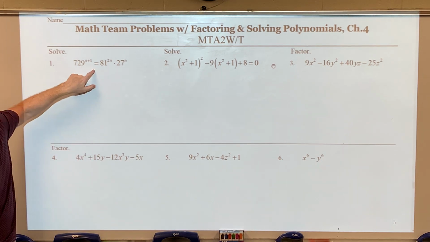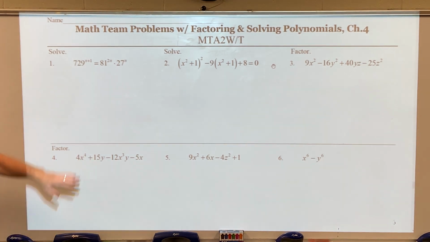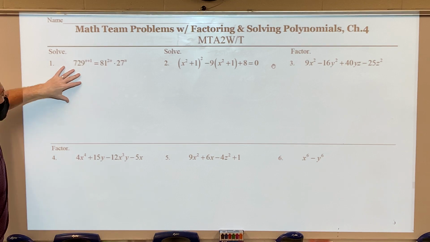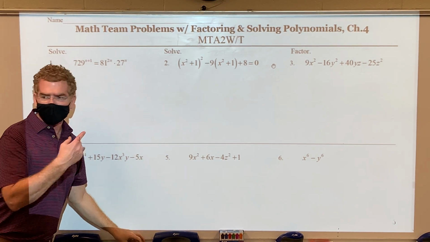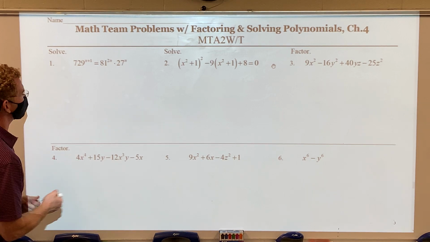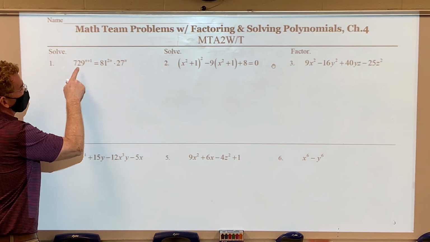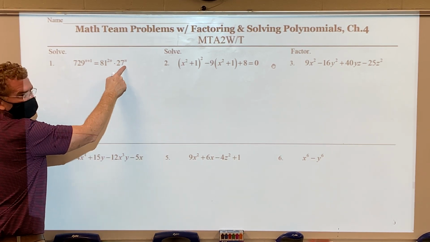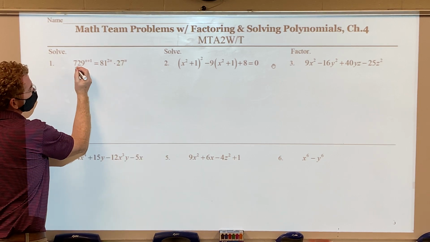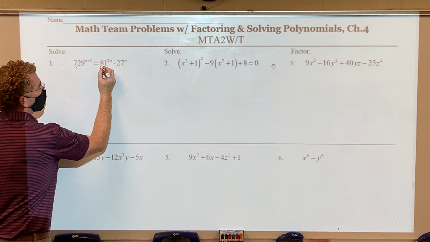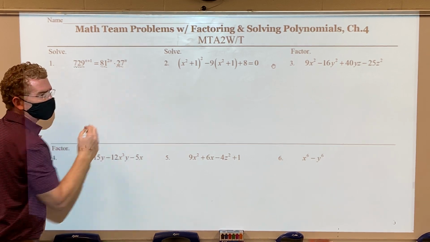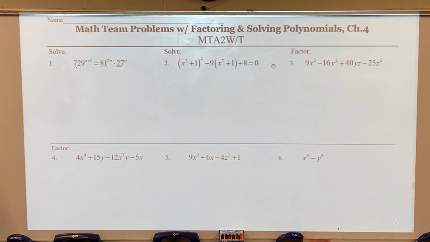So first thing, solve. Now when you look at that, this right here, you might go, what in the heck is this? Okay? This is what you should be thinking when you see this. Because it's something equals something times something, and if you know your powers from your powers quiz, you recognize that all three of these numbers could be written as a what?